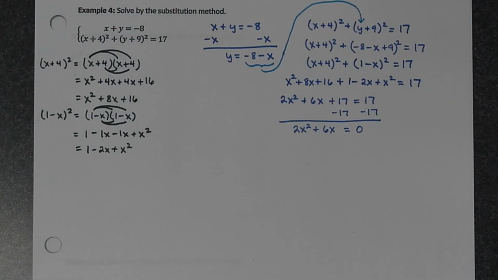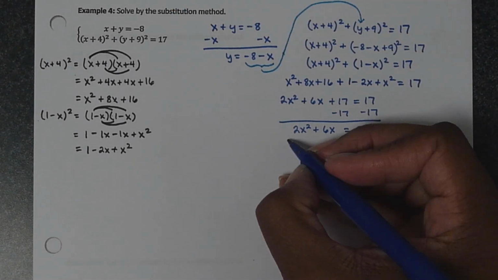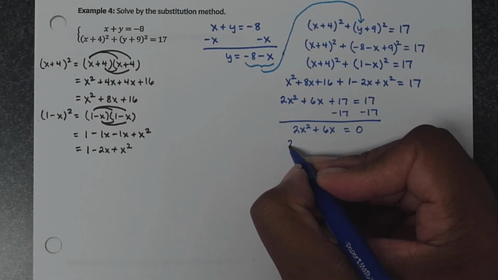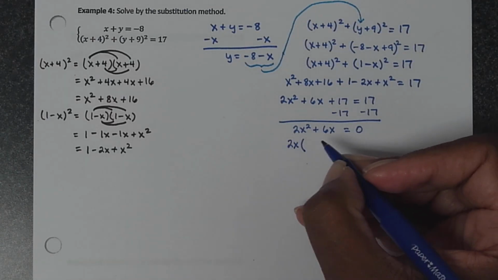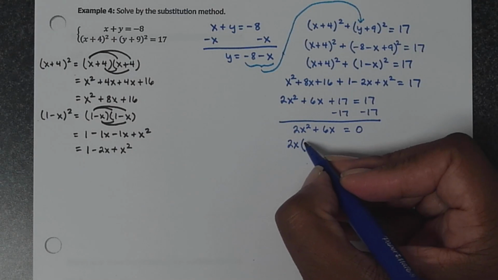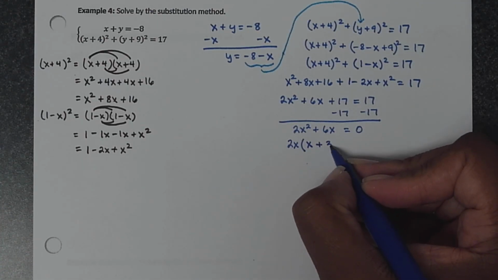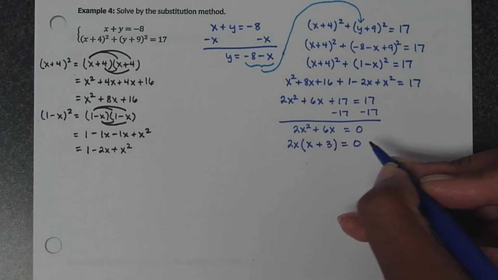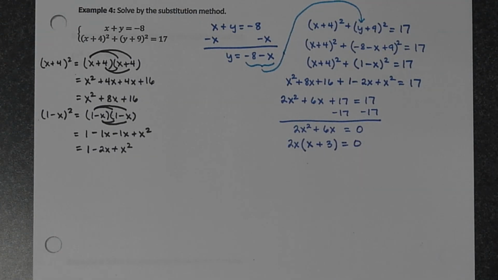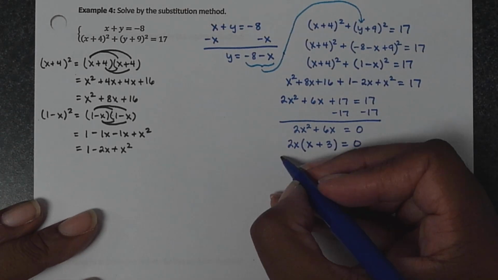Now let's do some factoring on the left-hand side here. For that 2x squared plus 6x, let's see if I can factor out the 2x. So if I factor out that 2x, 2x squared divided by 2x would just be x, plus 6x divided by 2x would be 3. So I got 2x times the quantity x plus 3 is equal to 0. Then I'll set each factor equal to 0.